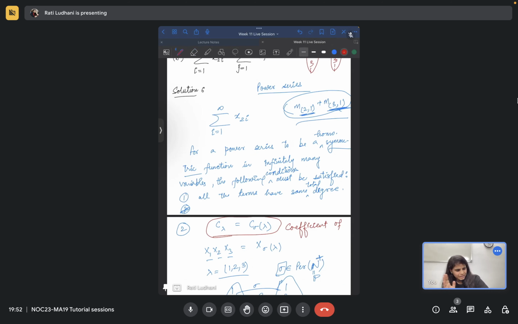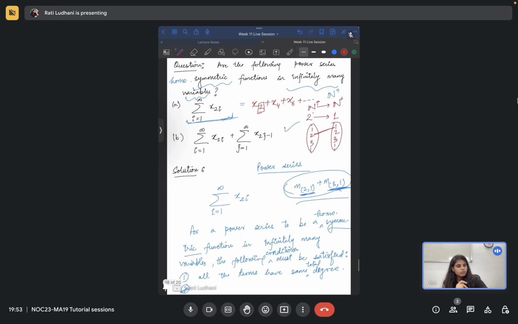Lambda is better written like this, for example 1 1 1 0 0 0 and so on, which tells you the powers. The first entry tells you the power of x1, the second entry the power of x2, the third entry the power of x3, the fourth entry the power of x4, and so on. Right now it's just 1 1 1. Is that clear? Yes, ma'am.